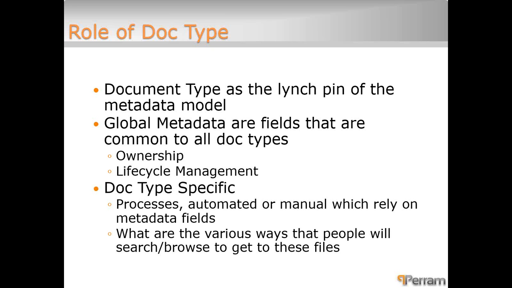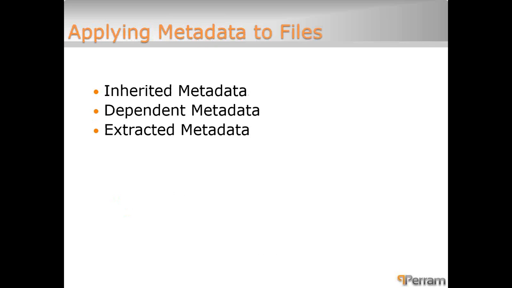So what processes within your organization are those files used for, and what would be valuable to tag them in support of that process. And then what are the ways in which folks are going to want to search or browse to get to these files. And this is becoming really the underlying productivity enhancement with metadata, is this filtering that we're talking about.